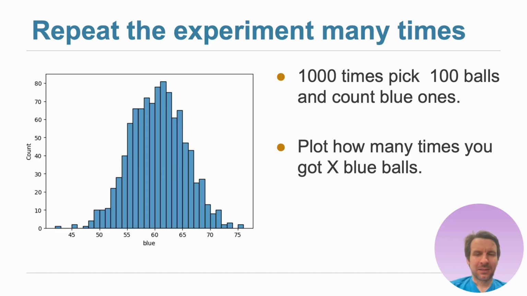But the outcomes are strongly concentrated around, let's say, 60. And that's how I cooked up the data: I was saying 60% of the balls are blue, and then tried to do this sampling and see how many blue balls come up.